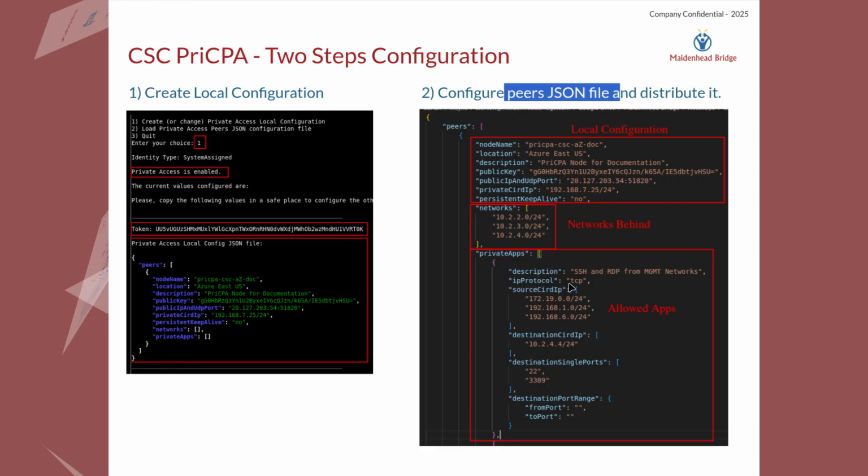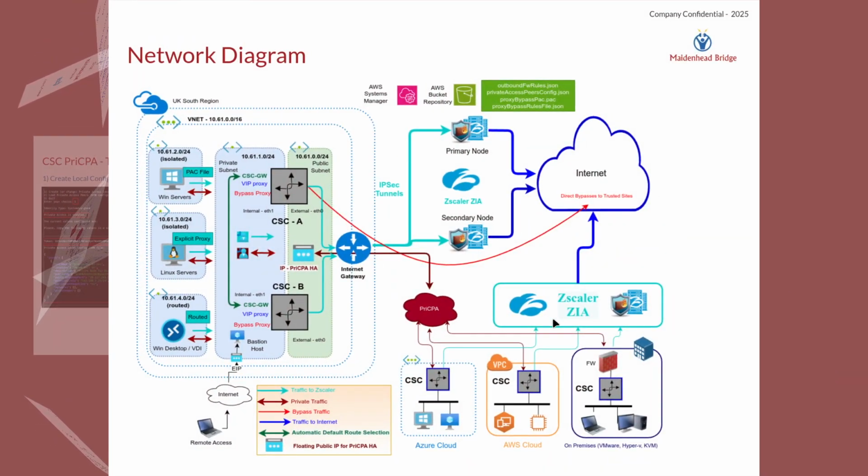Then this source IP, which are my management networks, can reach this server on port 22 and RDP, and nothing else. For the rest, this destination 10.2.4.4 will not be reachable. Then you can create rules and say for this server, I will allow this particular port and protocol from the source IPs you want.